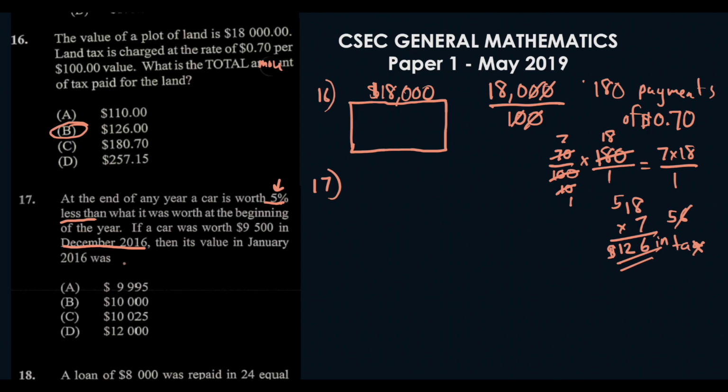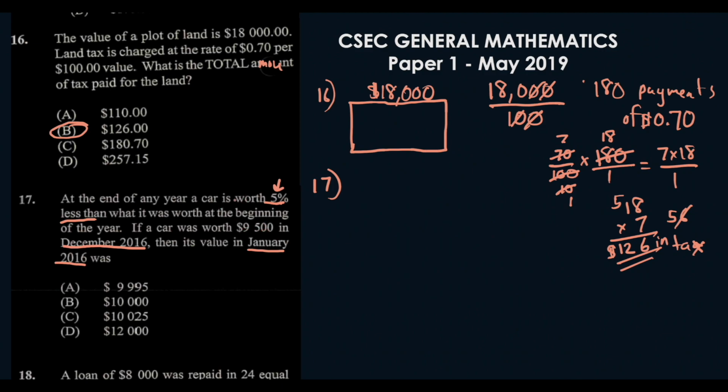So January 2016 is before this. So we want to figure out before its depreciation. So at that point, let's just say it was one of these numbers here. And what we need to do is figure out when did it drop from that. What was 5% of this to drop it to 9,500?